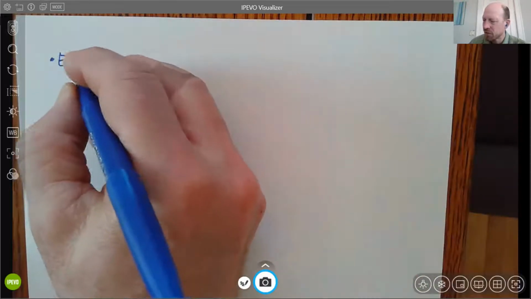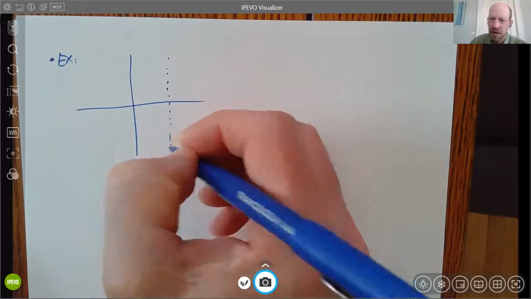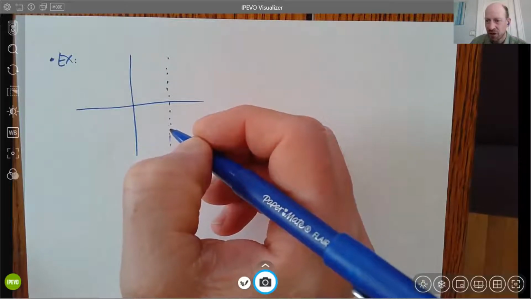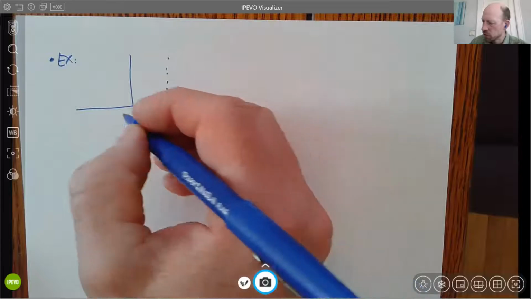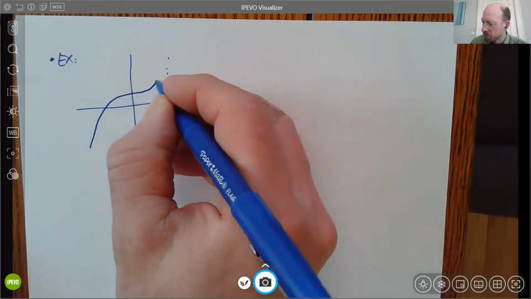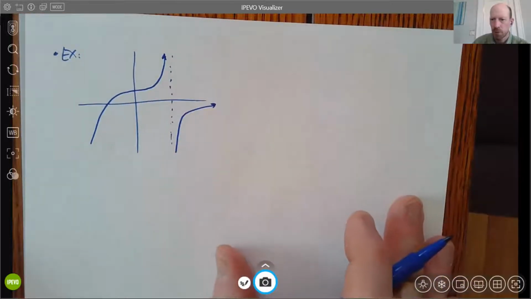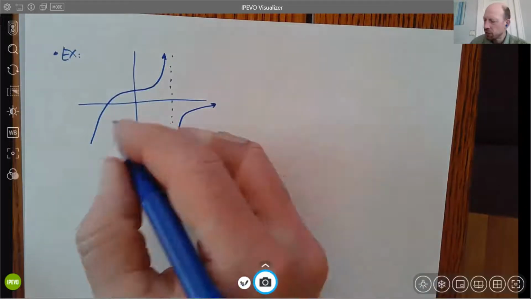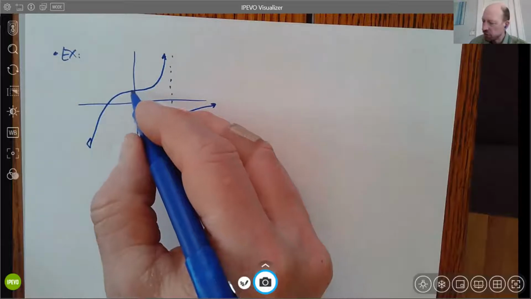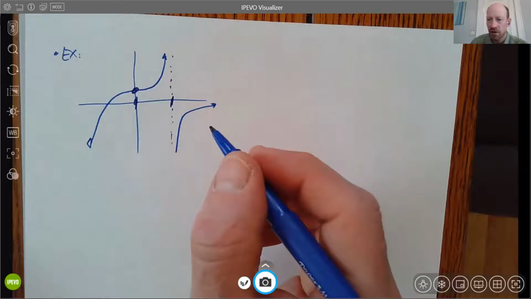So I think it's easiest to see that visually. With inflection points, it's easier to see it as an asymptote. So here's an example. Let's say I have a function that looks like this. If I took its second derivative, I would find that its second derivative is 0 at x equals 0 and at this x value.